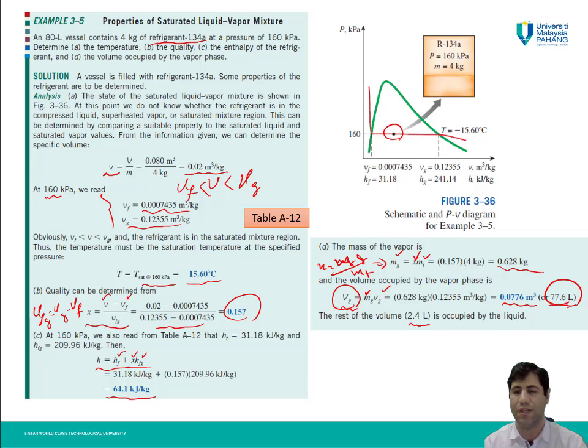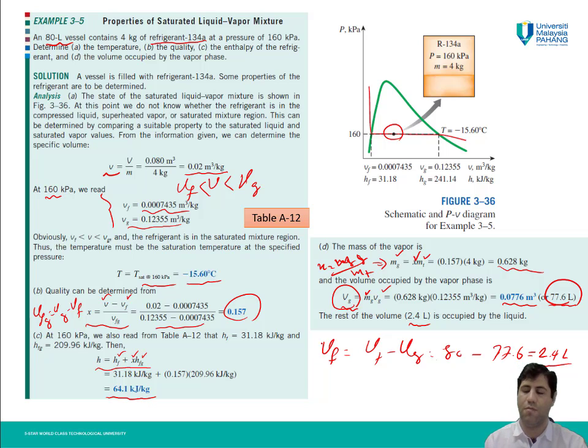As you can see here, the volume of the gas is 77.6 liter. Then according to this equation, the volume of the liquid is V minus Vg. We have V total as 80 liter, minus this volume of the vapor, and then we will have 2.4 liter for the volume of the liquid.